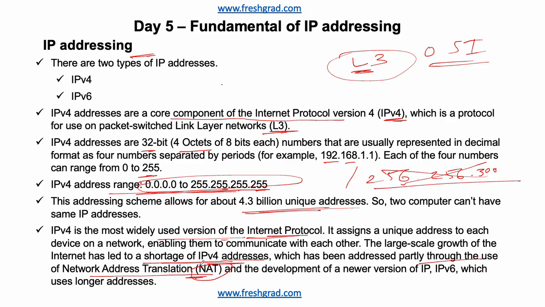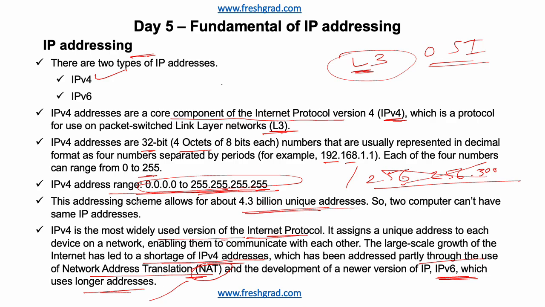We'll learn NAT in the next few lectures, after doing the switching and routing labs. So don't worry about that right now, just get yourself familiar with the term. And the development of the newer version, IPv6, uses longer addresses. But let's first understand IPv4. How does it work?